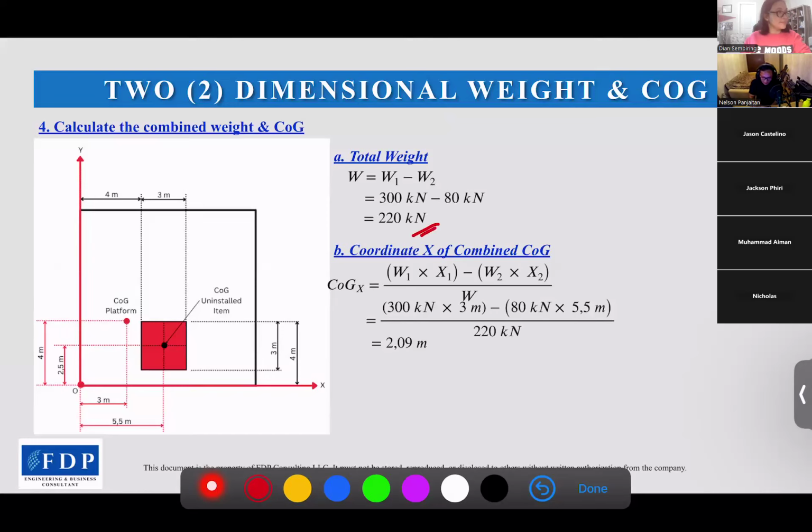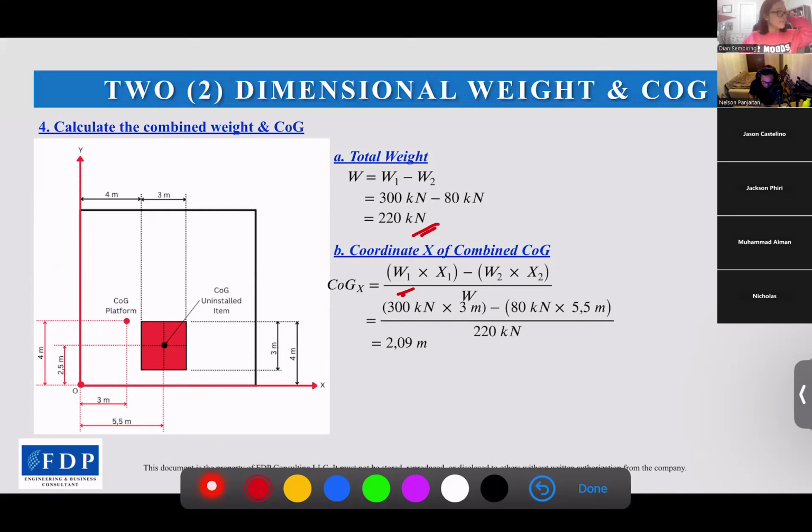To get the coordinate x of the combined COG, it will be the same formula, nothing new. Let's say the total platform is item 1, and the uninstalled item is item 2.